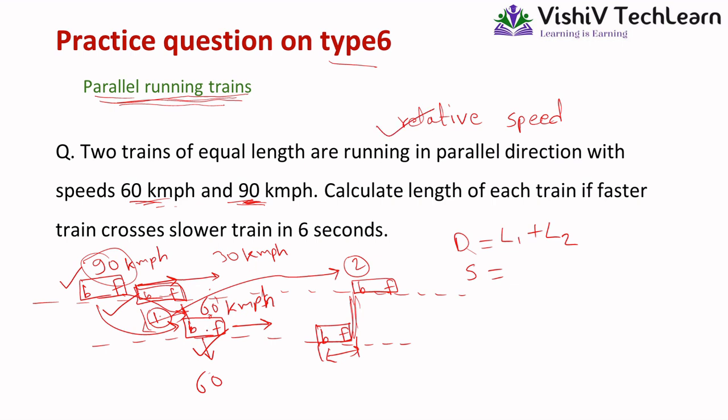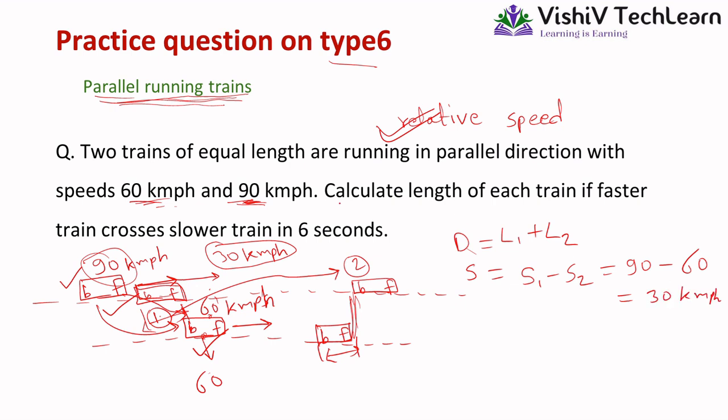Hence the speeds will be subtracted: the higher speed minus the slower speed, that is 90 minus 60. The result is 30 km per hour.